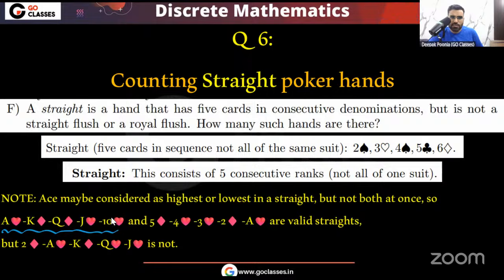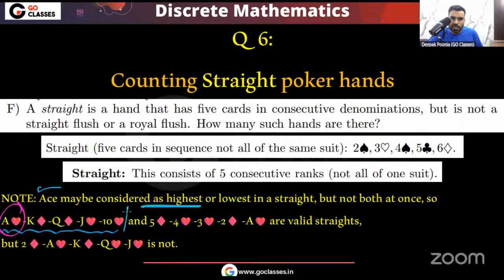And the second point, 10, jack, queen, king, ace, this is consecutive denomination also. So yes, this is a straight. Notice in this straight, the ace is considered as the highest rank. In this question it is given to you that ace can be considered as the highest rank.